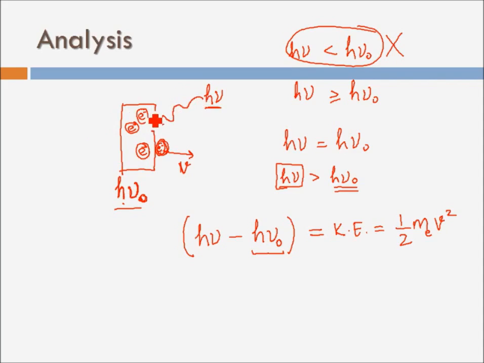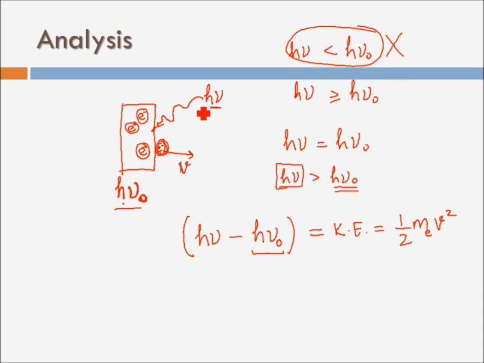Each photon will interact with one particular electron, and all of those photons will lead to ejection of electrons if their energy is greater than the work function. That is why the number of electrons ejected is directly proportional to the intensity of the incident beam of light.